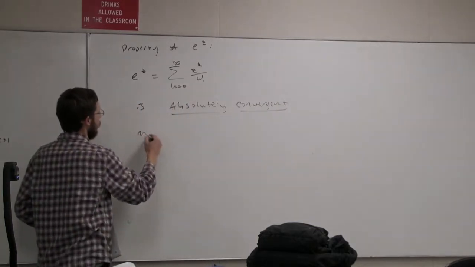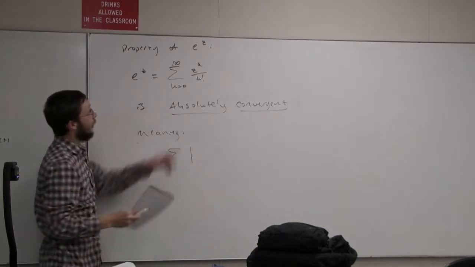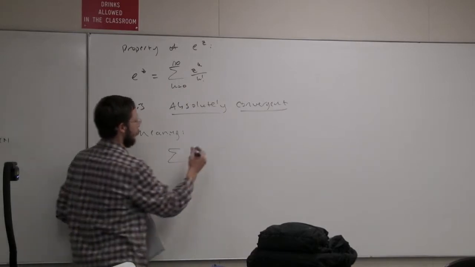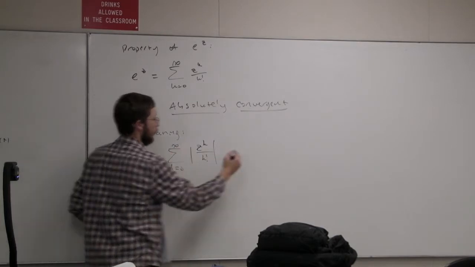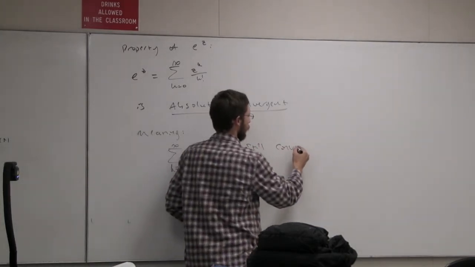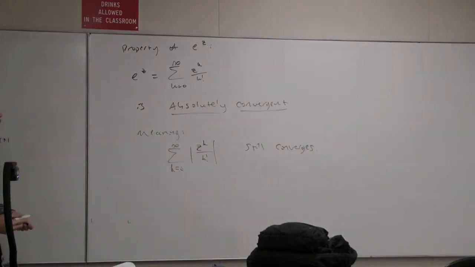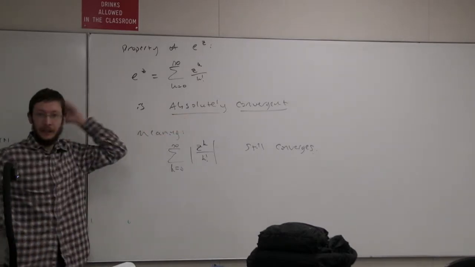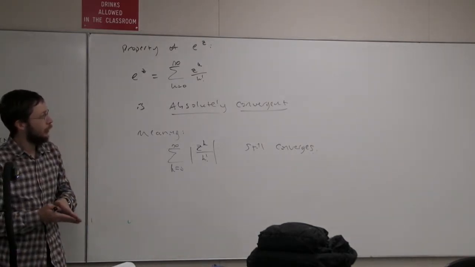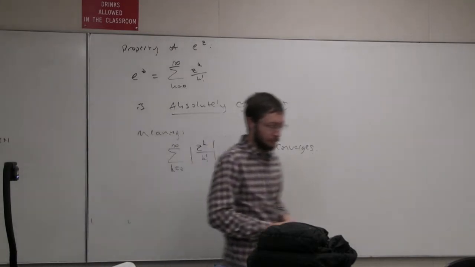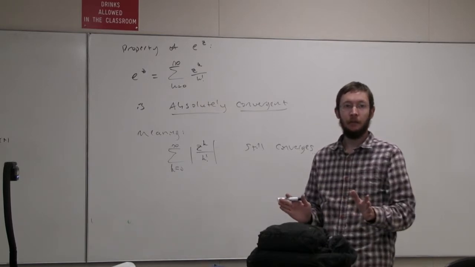And what that means is this sum here, where you take the size of all these elements, still converges. And the basic idea behind an absolutely convergent series is that the terms approach zero so fast that the size of all the terms never adds up to anything much, right?